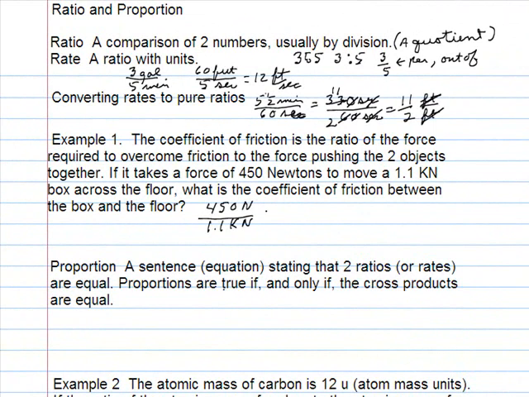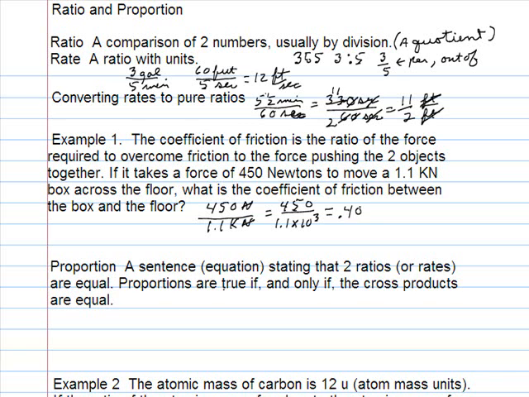Now if I put 450 newtons over 1.1 kilonewtons, the newtons cancel. So I end up with 450 over 1.1, and kilo means times 10 to the 3, so that's 1.1 times 10 to the 3. And that ratio comes out to be 0.409.